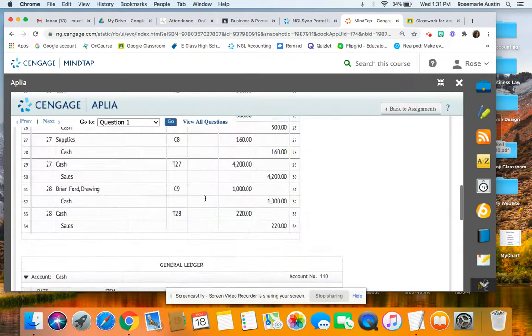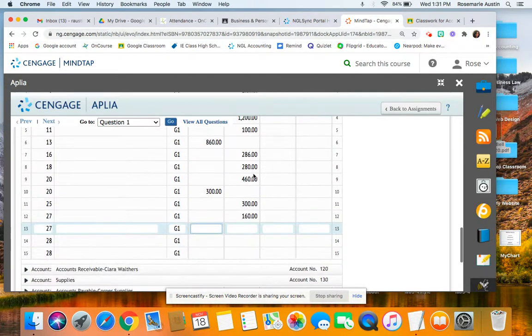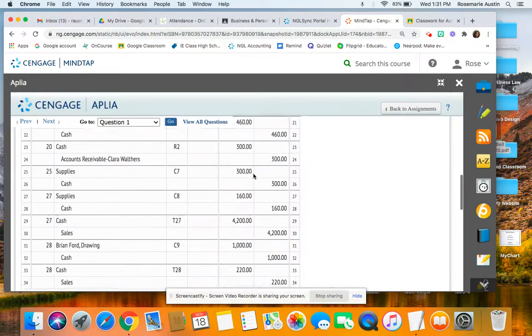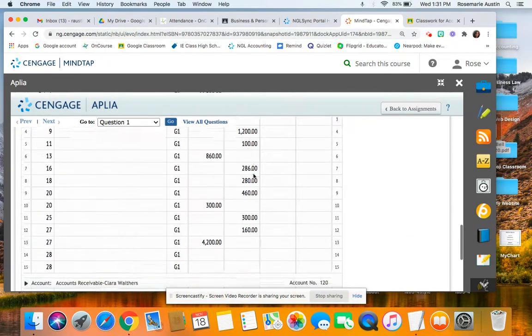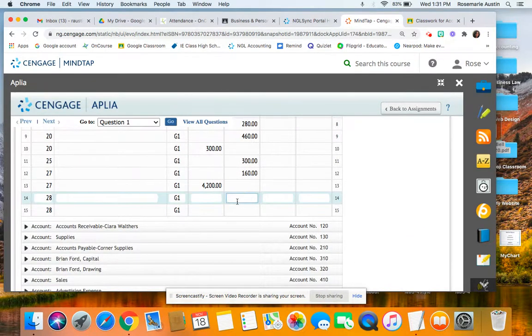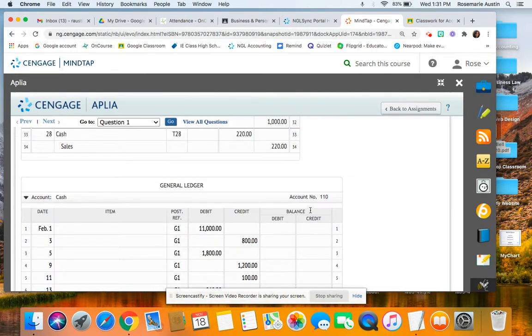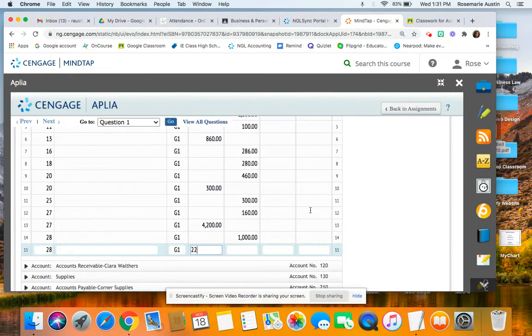On the second 27th, we have a $4,200 debit. On the 28th, there is a $1,000 cash credit. And the last one on the 28th is a $220 debit. Okay, so those are the numbers.